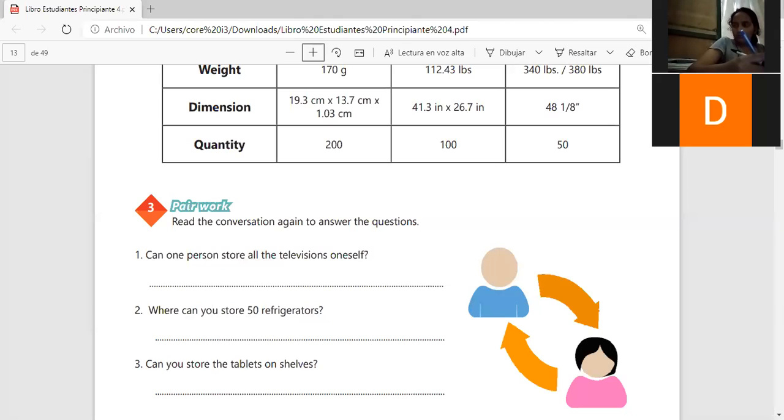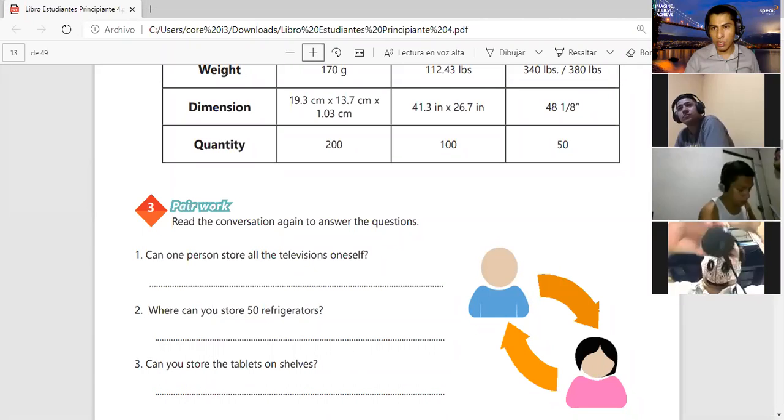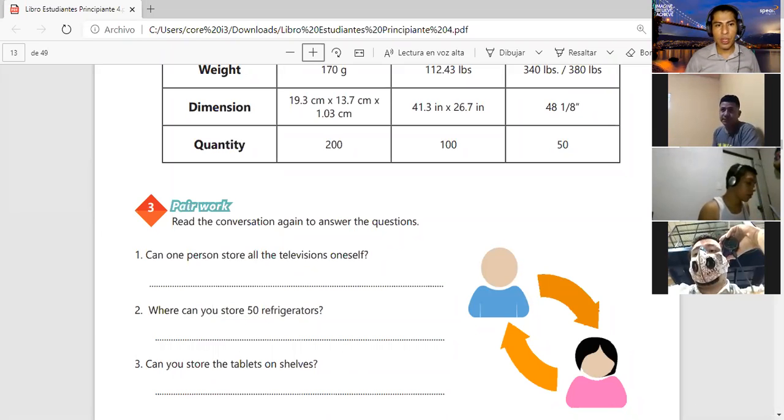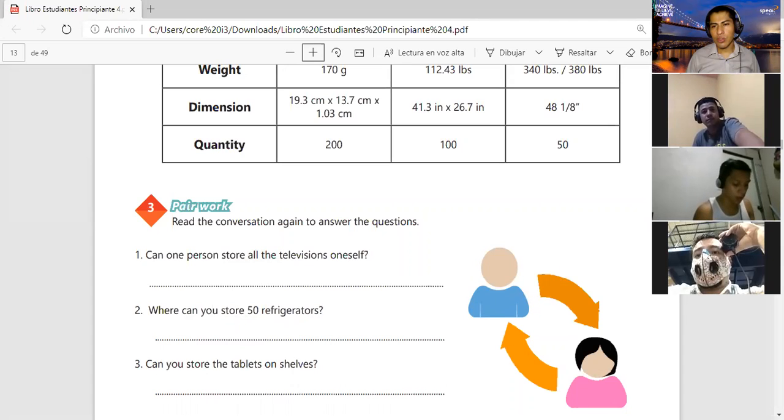Good. Now let's see number 2. Let's see if Nancy's here. Not yet. Christian, where can you store, and this is something that we mentioned before, where can you store 50 refrigerators, Christian? Can you repeat, please?